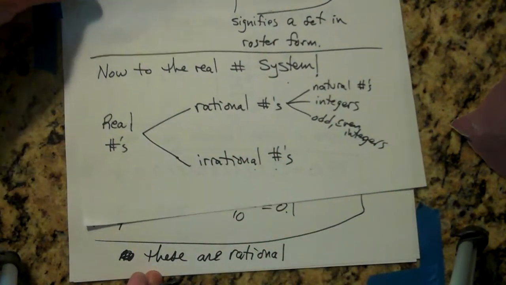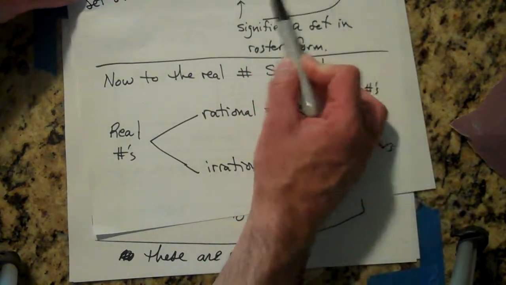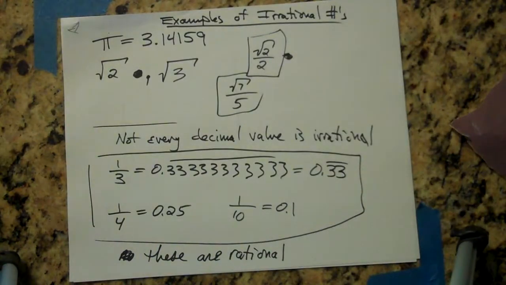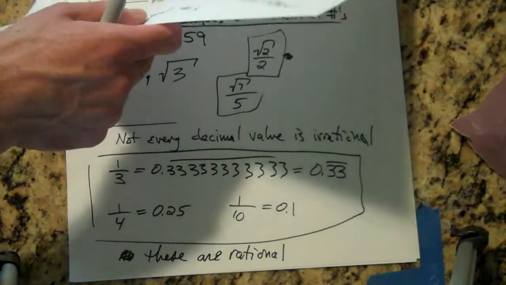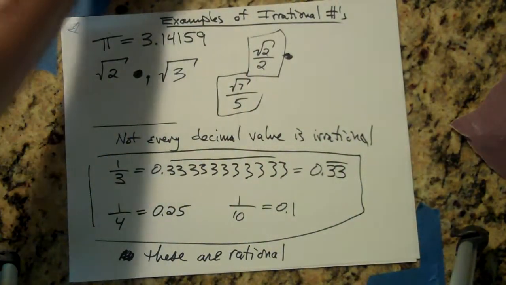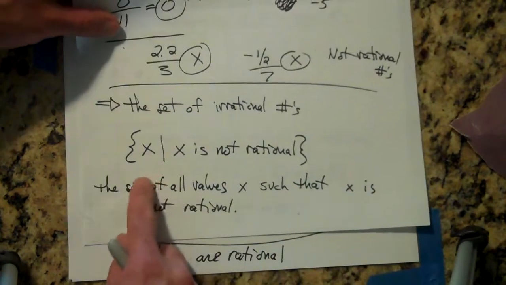but we can express all these and physically list them out in sets if we wanted, using this roster form where we establish a pattern and do this dot dot dot business, or using this set builder notation, like I've done right here.